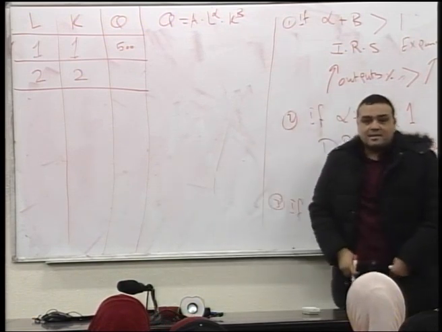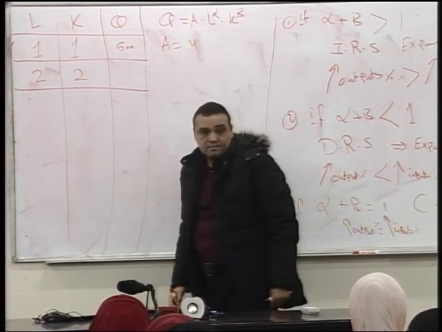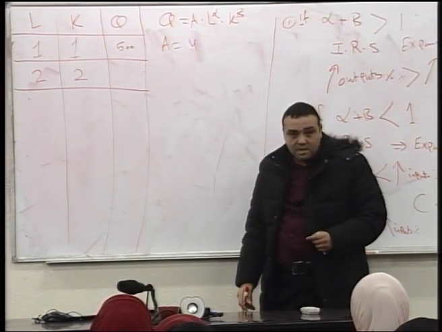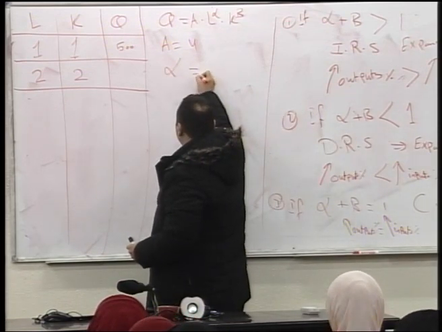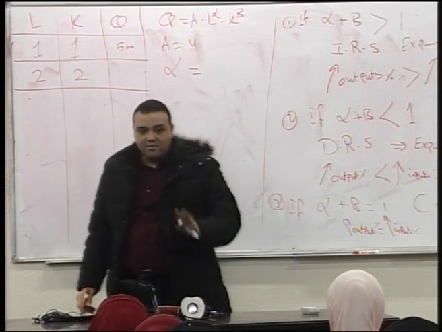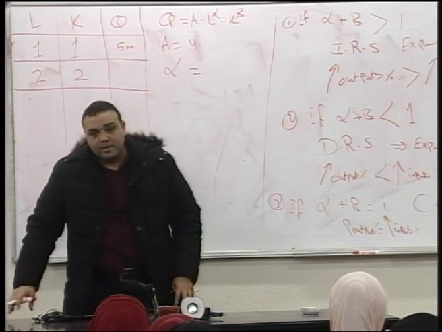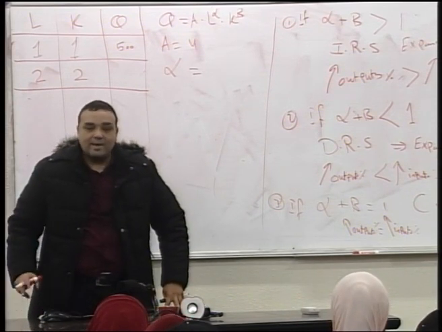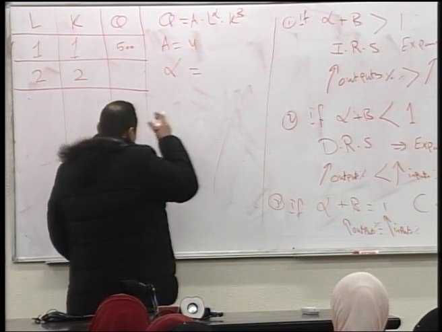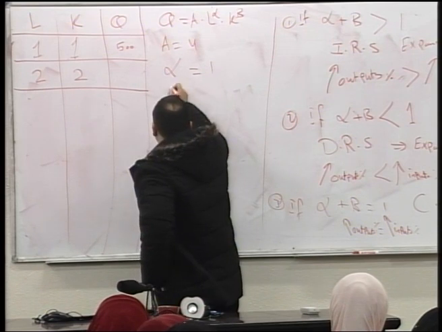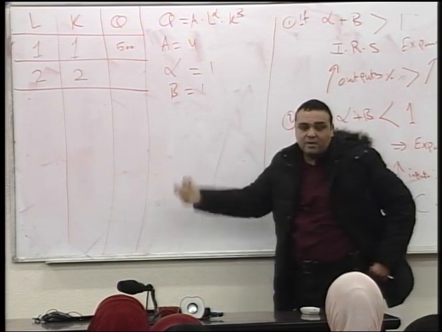Let us assume that A equals 4. Assumption. And alpha and beta, we want the summation of them to be bigger than 1. So let alpha equal 1 and beta equal 1, their sum is 2 to make the calculations easier. So alpha plus beta is bigger than 1.